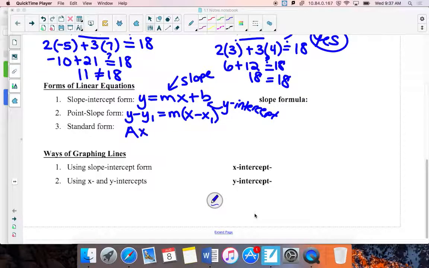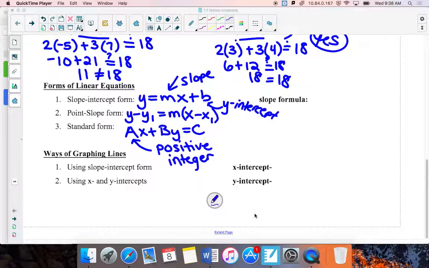Standard form, ax plus by equals c. A, b, and c are just numbers, and the only stipulation here is that a has to be a positive integer. So no fractions, no decimals, it has to be a whole number, and it has to be positive.